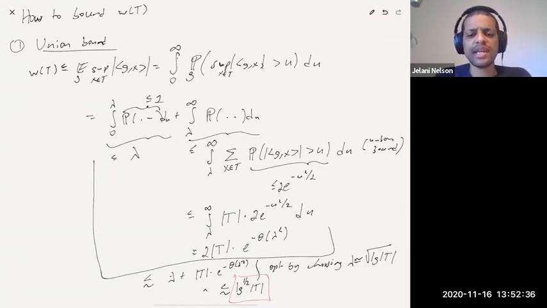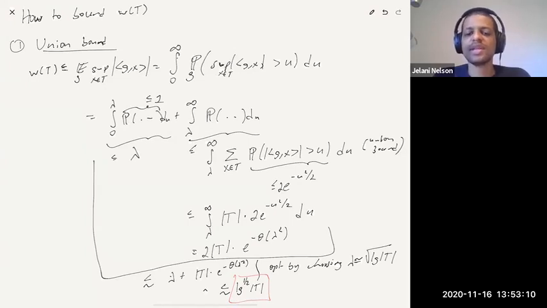And I should say, this root log T can actually happen. When is this tight? It's basically tight when the different Gaussians are actually independent. When are they independent? They're independent if the x's are orthogonal. So, for example, if your set of vectors is the standard basis vectors, then the mean width will be theta root log T. When is root log T not tight?